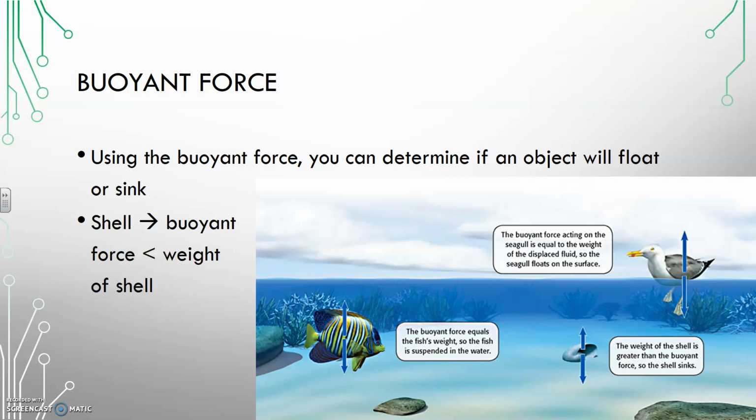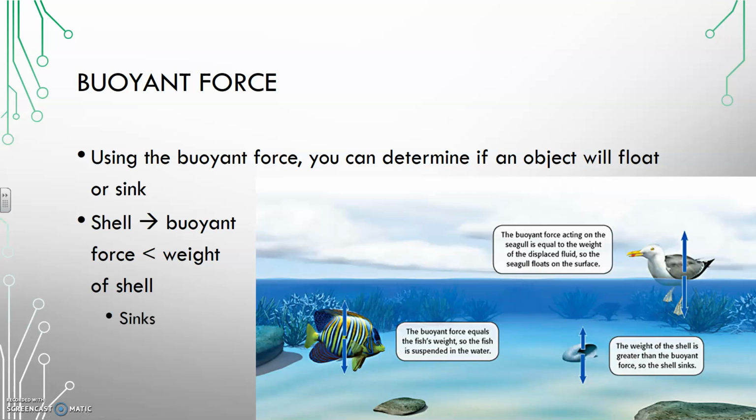Now, if we talk about the shell, the buoyant force on the shell is actually less than the weight of the shell itself. So the weight of the shell is greater than the buoyant force. It's a greater force pushing down than pushing up, meaning that this will sink.